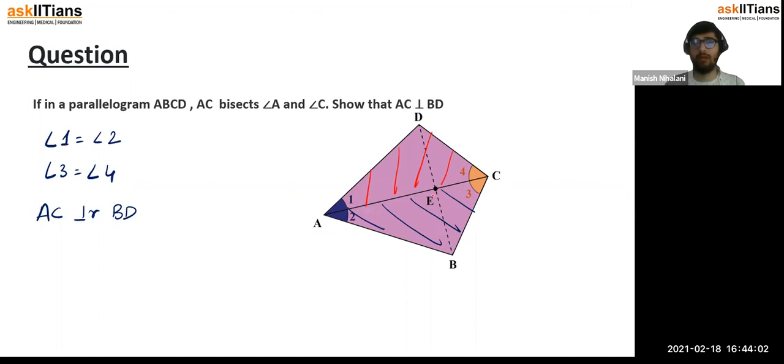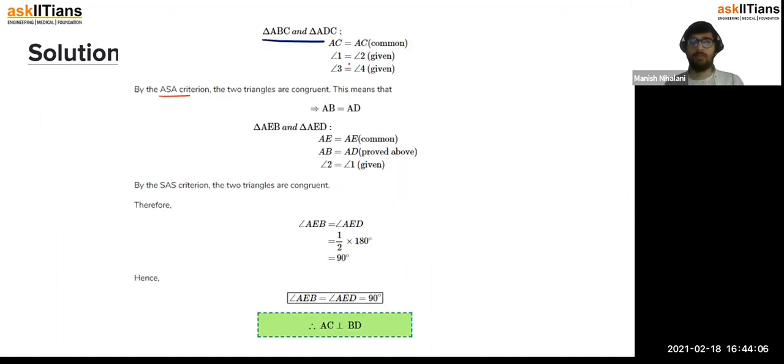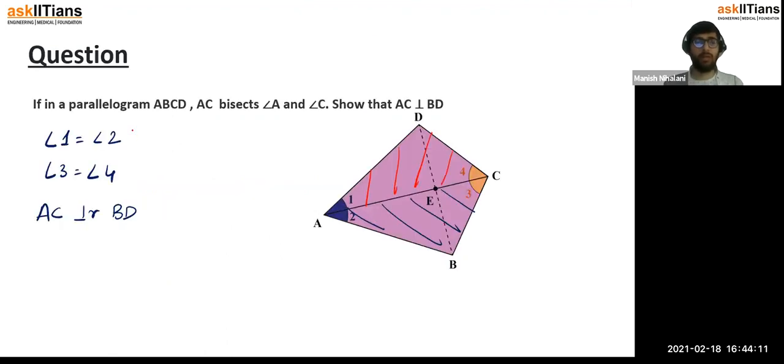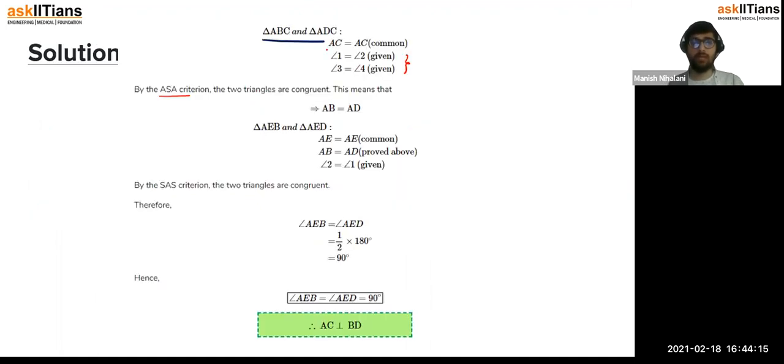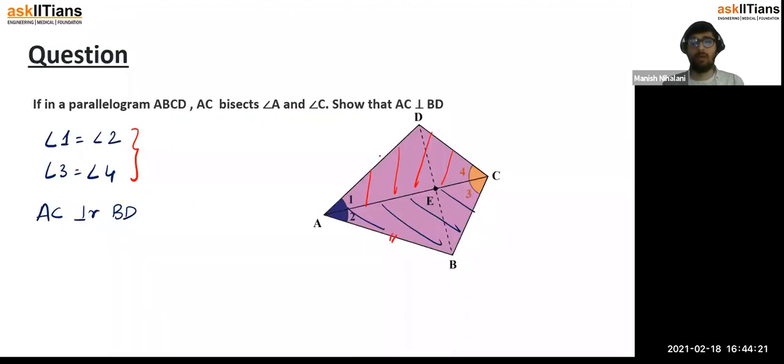Why are they congruent? Because these two angles are equal, and this is given to us: angle 1 equal to angle 2 and angle 3 equal to angle 4. We are also saying that AC is a common side. So angle side angle, they are equal. Therefore, AB will be equal to AD, right?